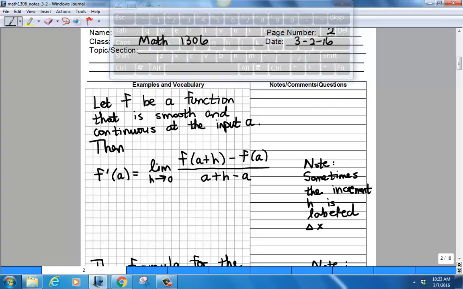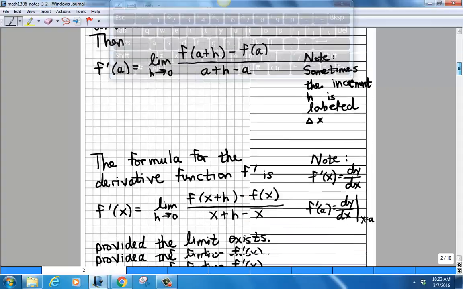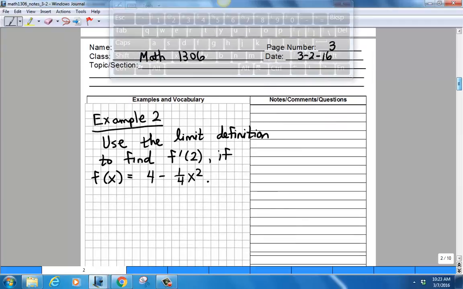Go through that limit process, and that's how you can calculate the instantaneous rate of change. But again, I'm now going to carry out that limit process without actually having to do a lot of calculations in the table. I'm just going to imagine what the calculations would look like. Let me show you how I can do that. So let's go back to the example.